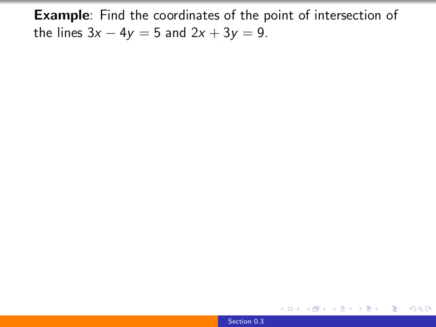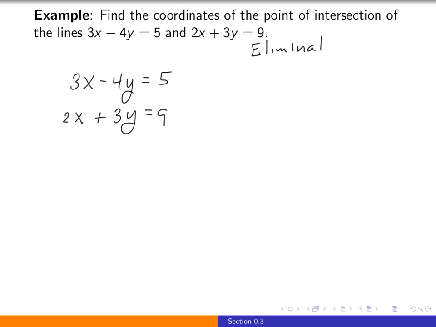In this second example, we want to find the point of intersection of the lines 3x minus 4y equals 5 and 2x plus 3y equals 9. Now, in this second example, we are going to use the method which we have referred to as elimination when you have encountered it in the past.